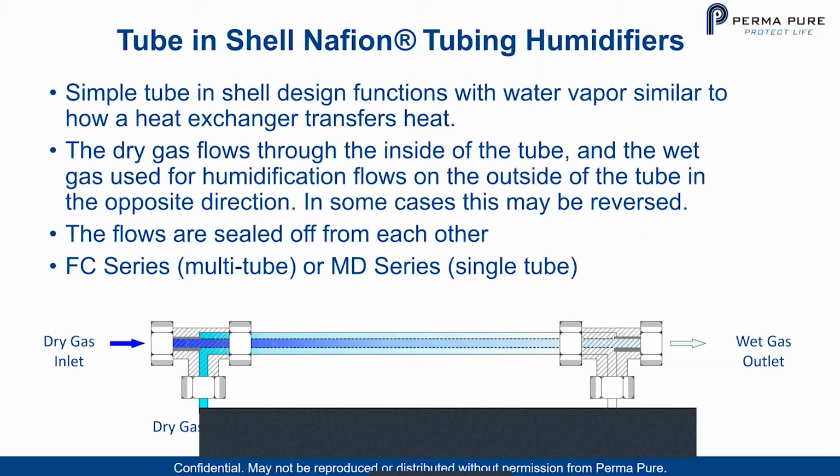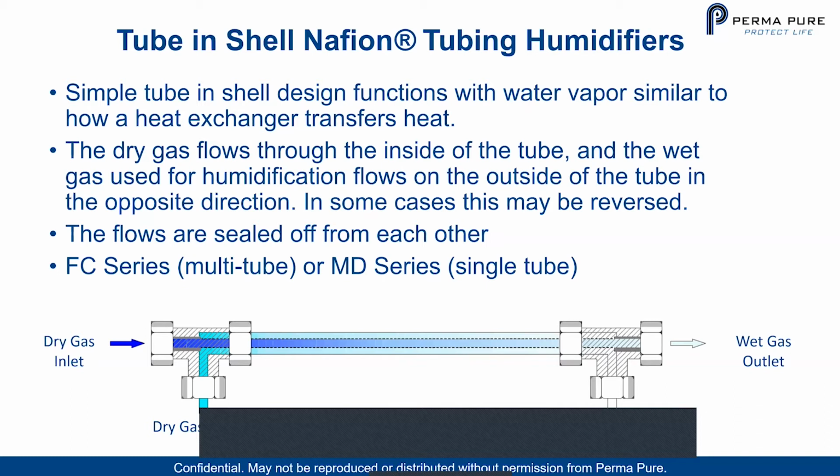So what we're doing is similar to a dryer. Your dry gas is flowing inside, and in this case, the flows are sealed off from each other. We have two products that can be used in this method: our FC series multi-tube or MD series single tube. Those are the same as the dryers, and you can use them for humidification in the gas-to-gas mode only.